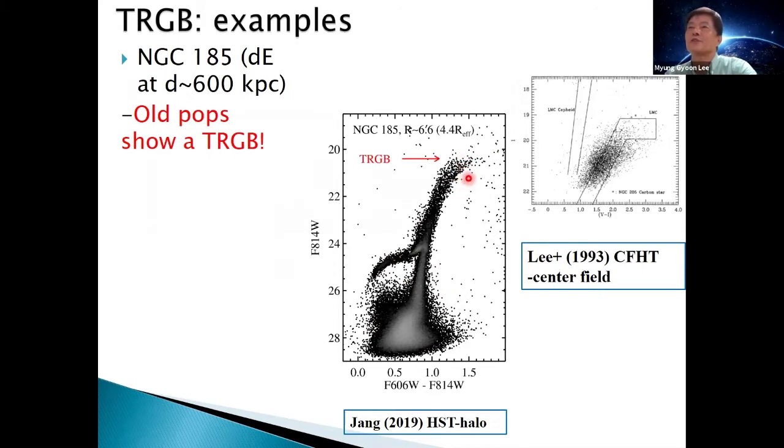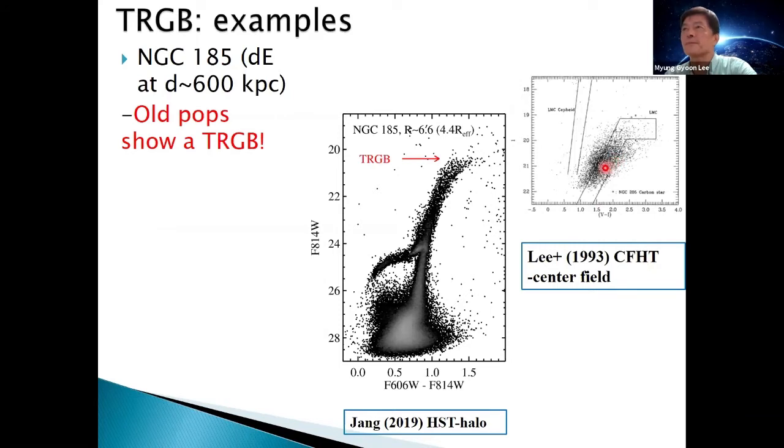Well, it's interesting to compare this very nice, fancy, modern CM diagram of this galaxy with the old one I presented in 1993. Back in 1993, CFHT images were the best at the time from ground-based observations, because HST was not available at the time because of some problems.